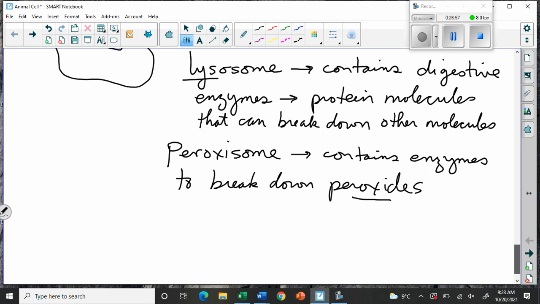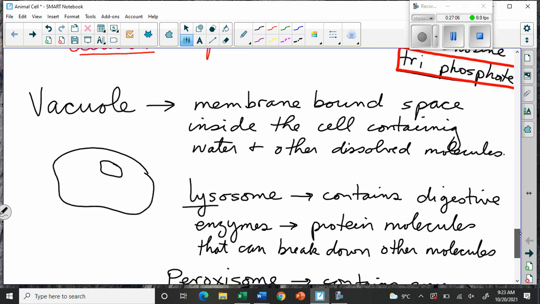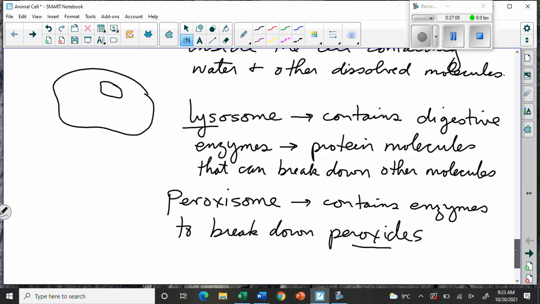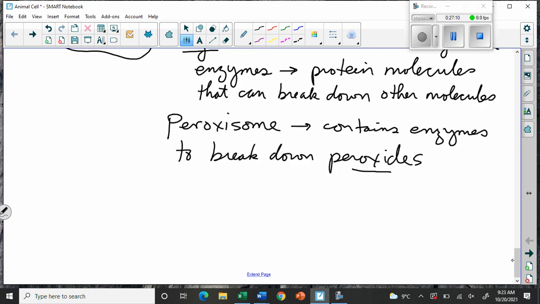So a peroxisome. And essentially, you'll notice they all end with zome, peroxisome, lysosome, and so on. And they're all sort of the same as a vacuole. There are other vacuoles, though. Other vacuoles, as we'll see in the plant cell, sometimes it's just a vacuole that controls water movement.